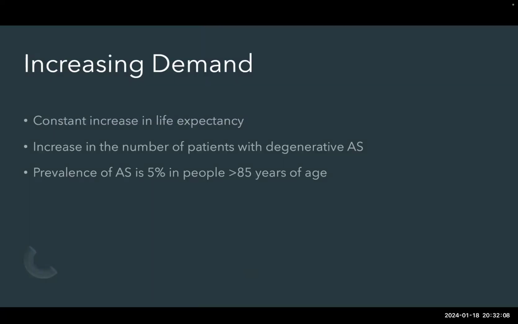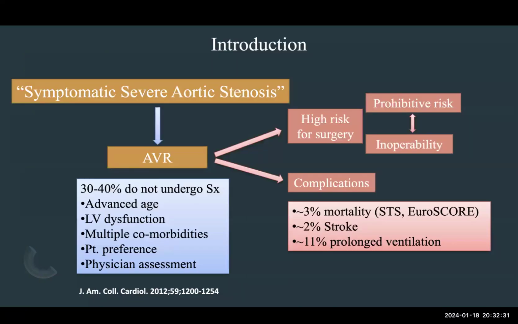Increasing demand of aortic stenosis. There is a constant increase in the life expectancy في السعودية or elsewhere, and this increased number of patients will reflect to increase of degenerative aortic stenosis, and the prevalence of aortic stenosis is 5% in people aged more than 85 years of age in the West. But in general, if someone has aortic stenosis, symptomatic, we offer aortic valve replacement.